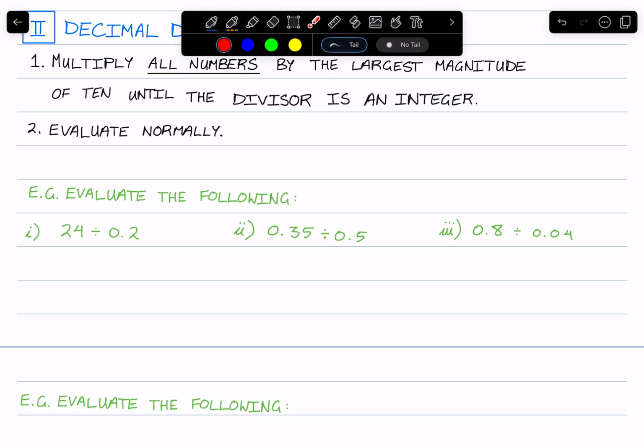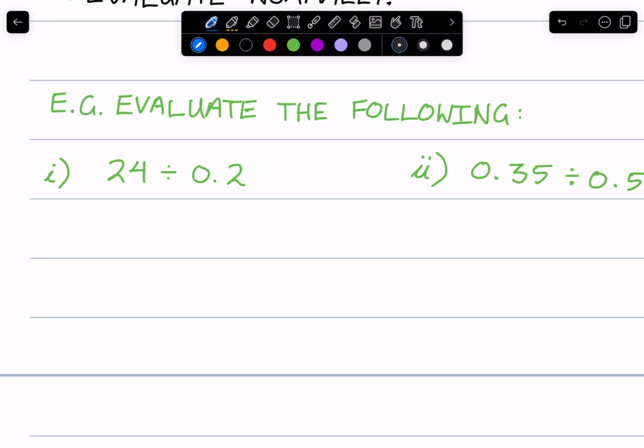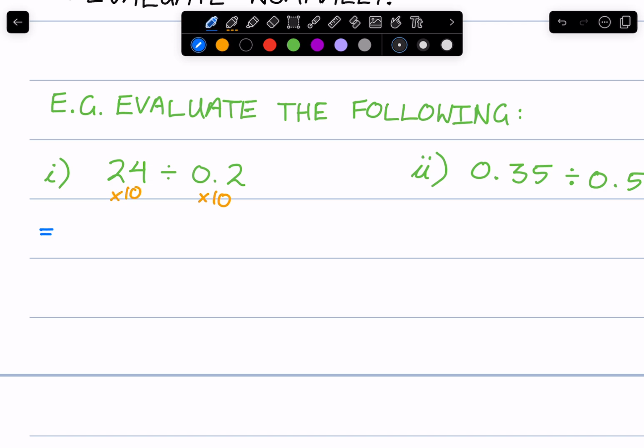Notice how these numbers are rather similar, but watch very carefully how this now is different to the first one. In order to make this a whole number, we need to multiply this one by 10. But because we've multiplied this by 10, we multiply this by 10 as well.